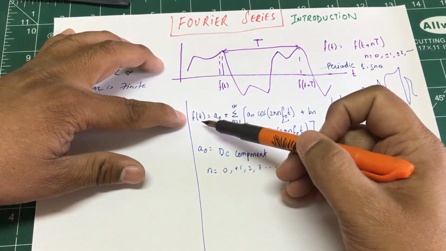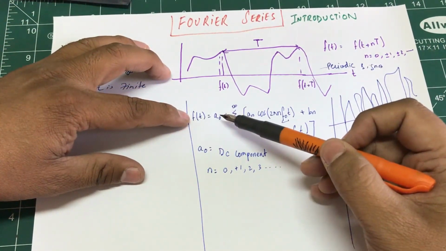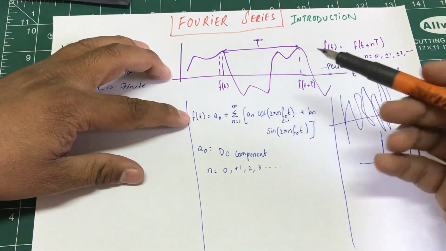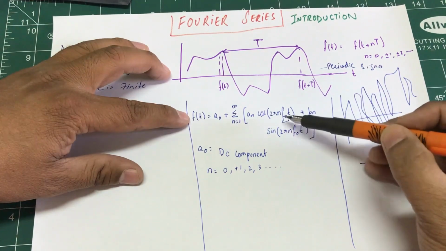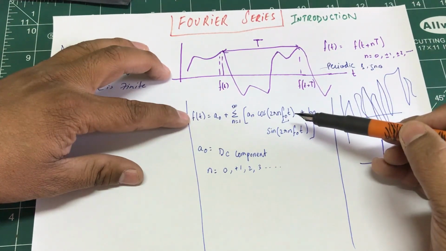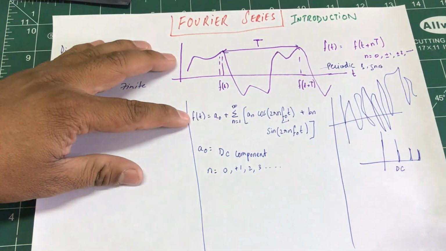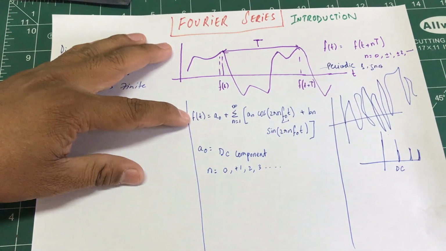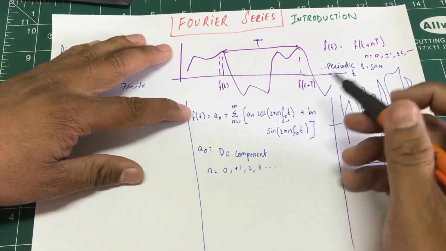So this function will have some DC component, and it comprises some sinusoidal and cosinusoidal components. All right, n is just referring to the number of harmonics. Is it the first fundamental component, second, third, fourth, fifth? F is just referring to frequency.